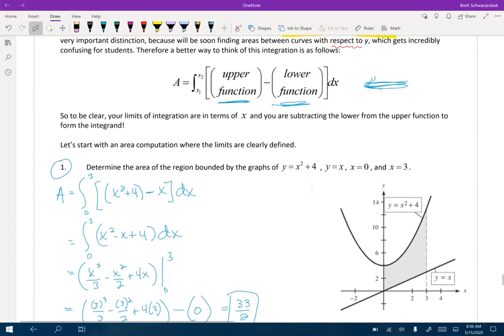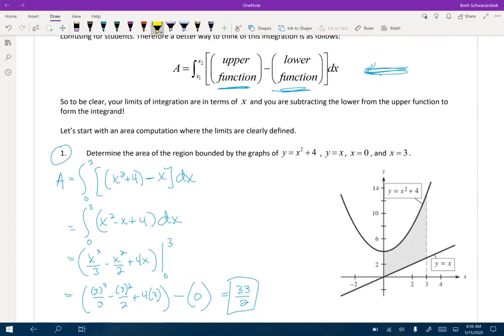The second thing, the directions for this problem are very similar to the directions for the total area problems we did at the end of 5.3. How do you tell the difference between them? It's actually quite simple, because the problems in 5.3 had one equation that you had to deal with. These problems have multiple equations. There will always be at least two provided.